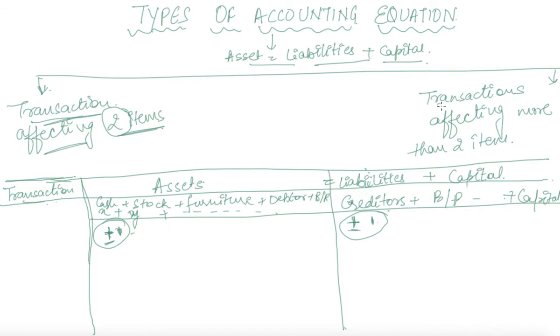Apart from this, the transactions that affect more than two items are those that affect two assets and one liability, or two liabilities and one asset. Say creditors as well as the capital. One side is increased with the decrease or increase in the cash. So let us discuss those transactions that affect two items as well as those that affect more than two items, one by one.